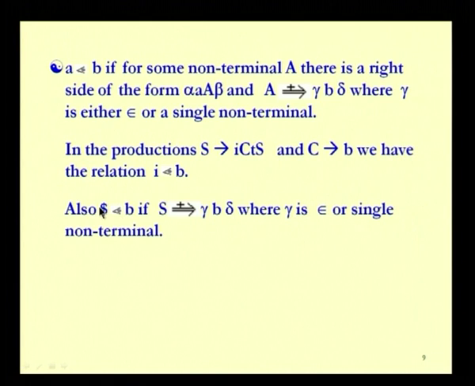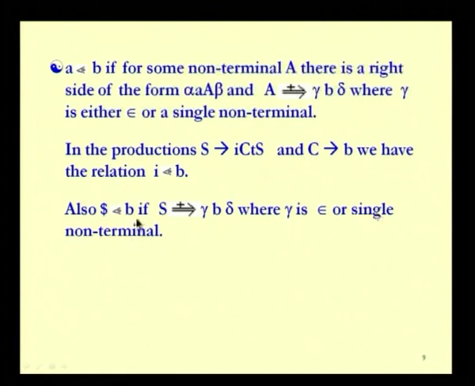Dollar is less than b, provided this b is the first symbol as far as the start symbol derivation is concerned. So, if you are having a dollar on the stack with the first symbols of S on the buffer, it is going to introduce a shift action. So, the condition here is where your gamma is either epsilon or it is going to be a single non-terminal.